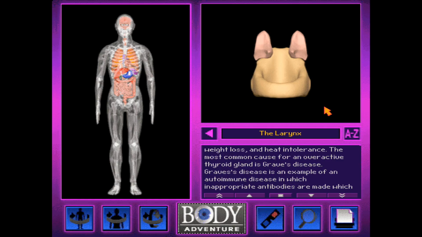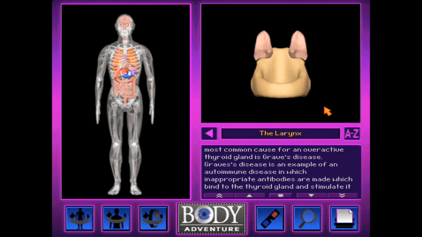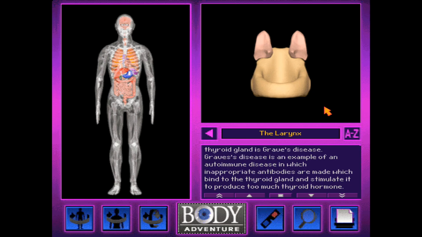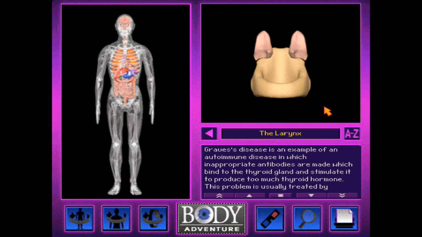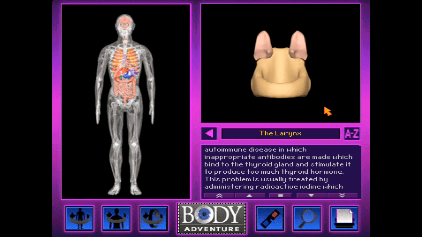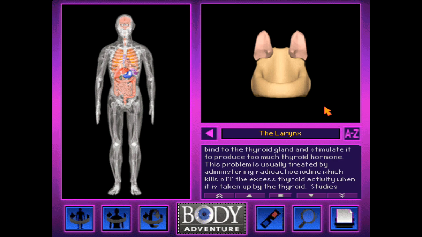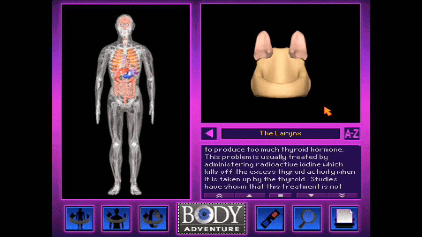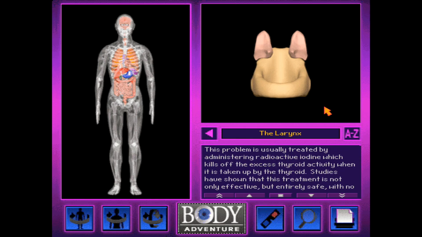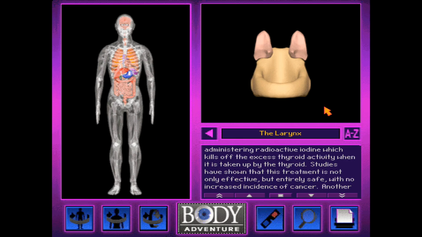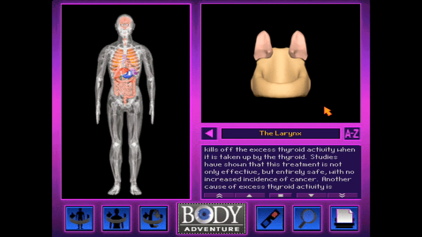Graves' disease is an example of an autoimmune disease in which inappropriate antibodies are made which bind to the thyroid gland and stimulate it to produce too much thyroid hormone. This problem is usually treated by administering radioactive iodine, which kills off the excess thyroid activity when it is taken up by the thyroid. Studies have shown that this treatment is not only effective but safe, with no increased incidence of cancer.